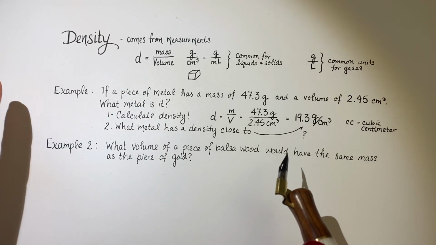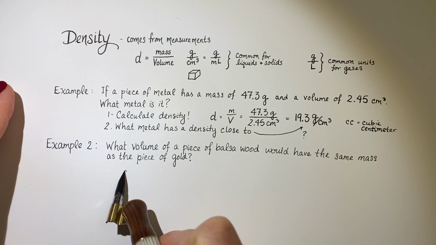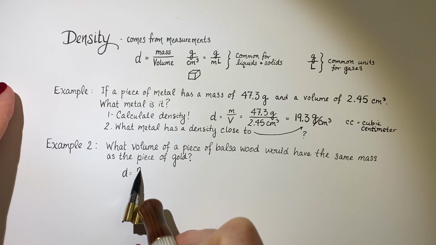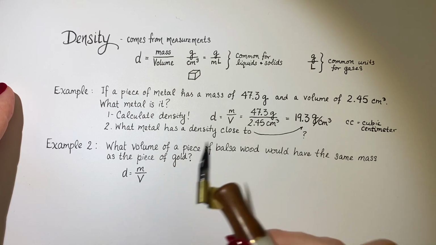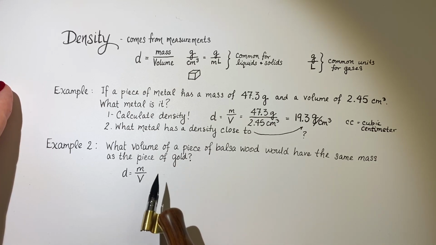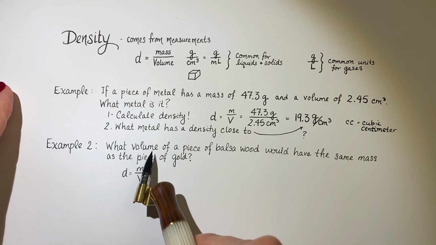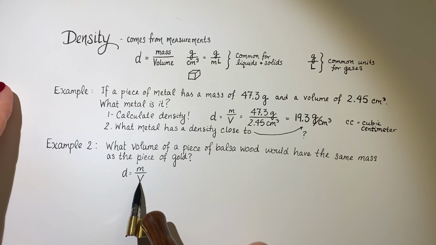So, let's look back at this relationship between density, mass, we'll call M, and volume. And so now we are interested in volume. So we want to rearrange this equation and solve for volume.